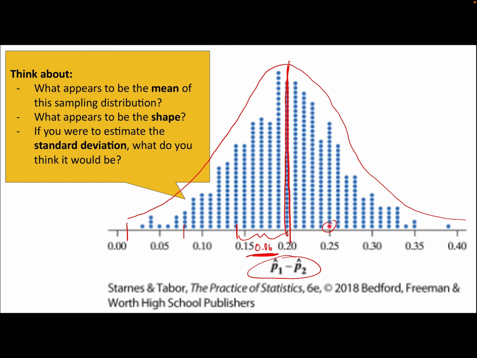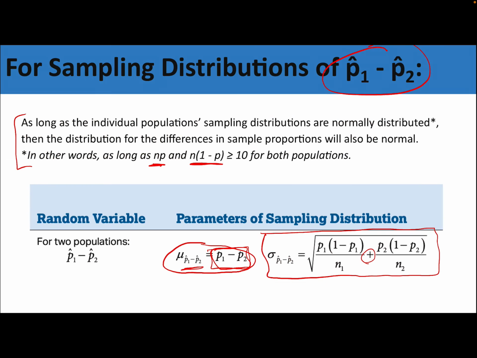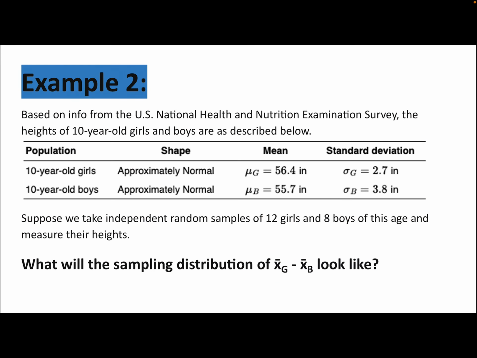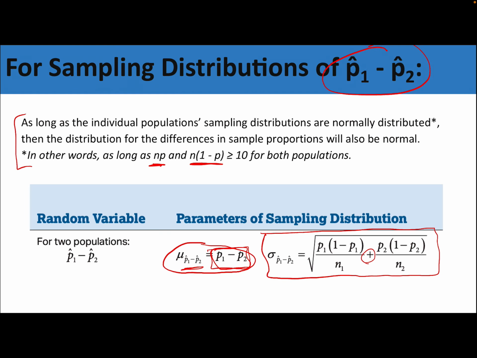And I had said the standard deviation looked to be about 0.06, just from roughly eyeballing it, and the standard deviation was 0.056. So it actually worked out pretty well when we did the actual sampling distribution by taking repeated samples versus when we calculated it with our formulas. So that is how we find that general information for a sampling distribution for a difference in two proportions.